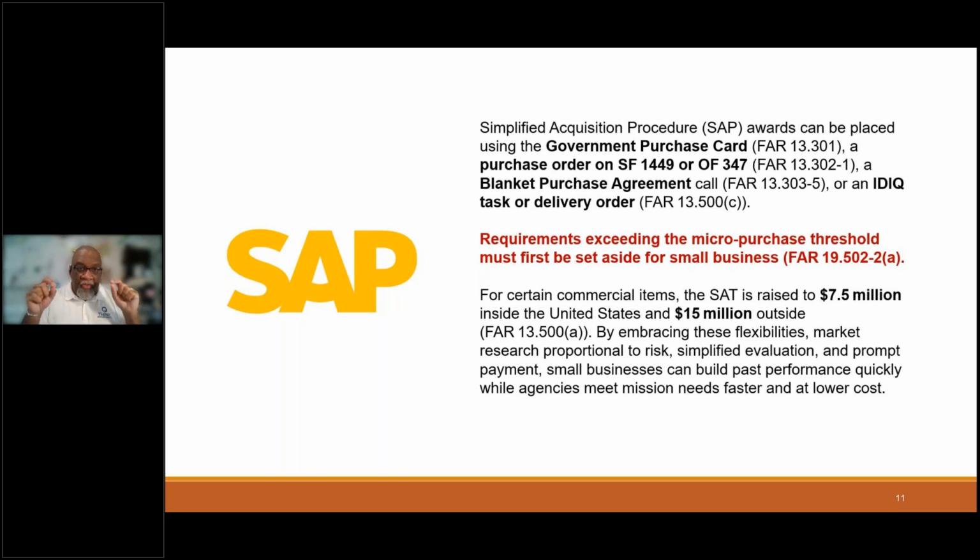So think about that. Up to $7.5 million can use these accelerated strategies, flexible, okay, simplified evaluation, prompt payments, and effective source selections, up to $7.5 million in the country and $15 million outside of the country.